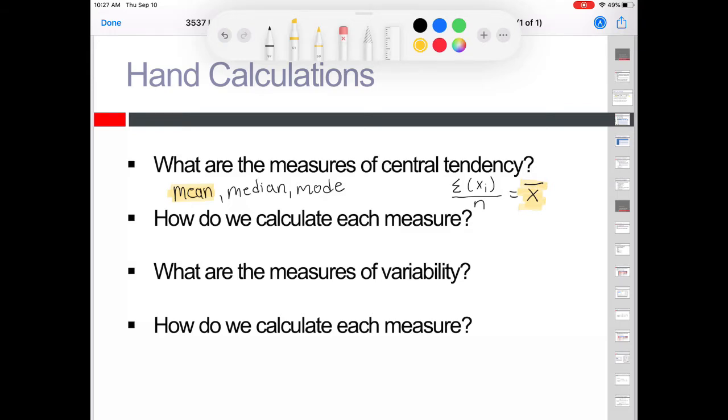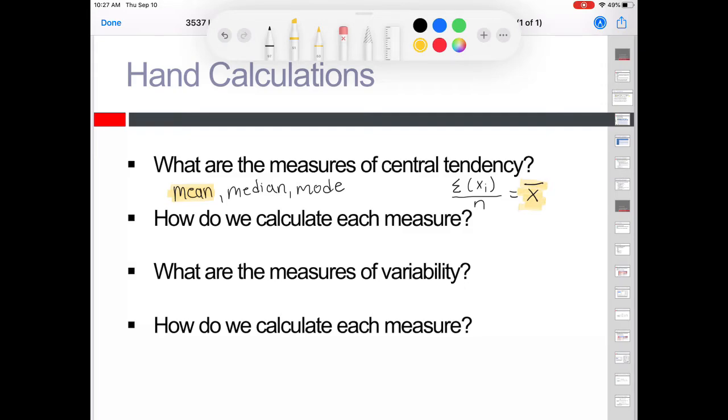Between mean and median, they can both be calculated with interval and ratio data, but typically because of its accuracy, we calculate mean. There are instances when median is more appropriate, such as when we have outliers, which are going to be influencing our data more than they should. So we might use median when an outlier or a few outliers are present.